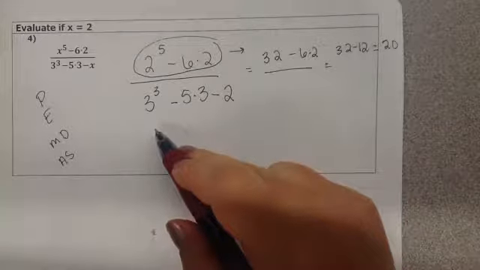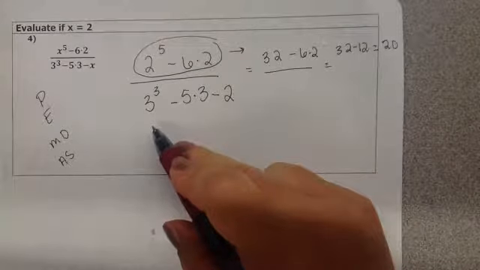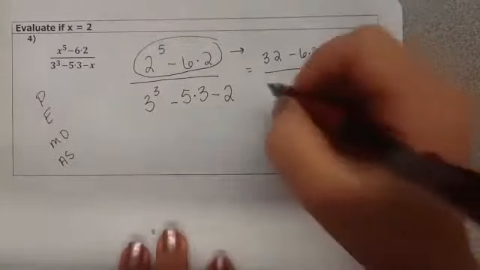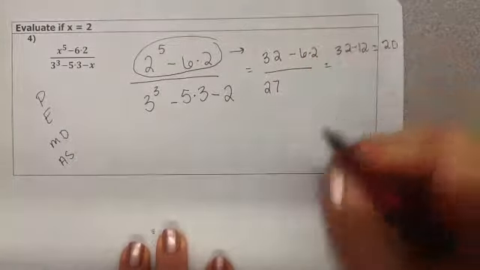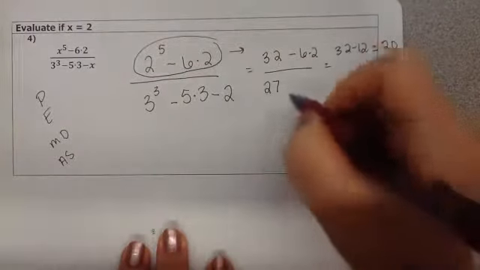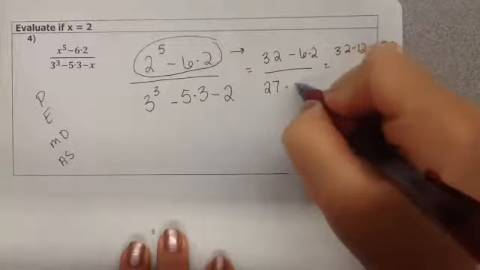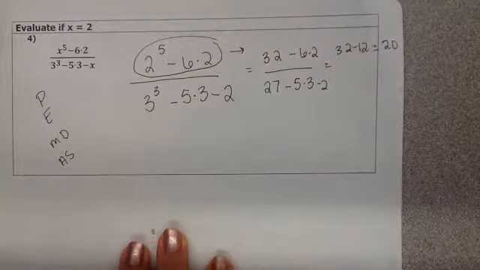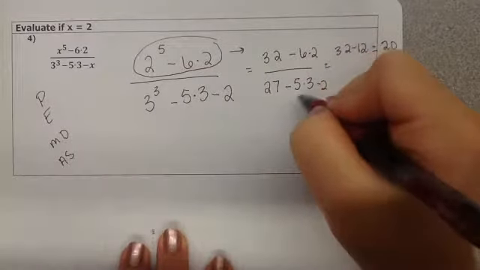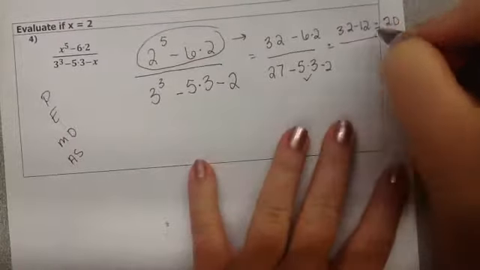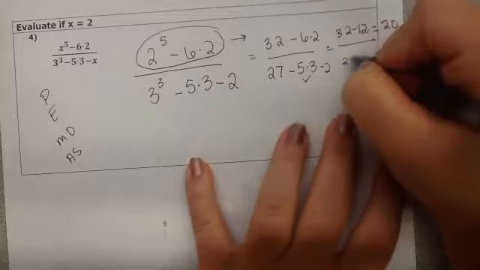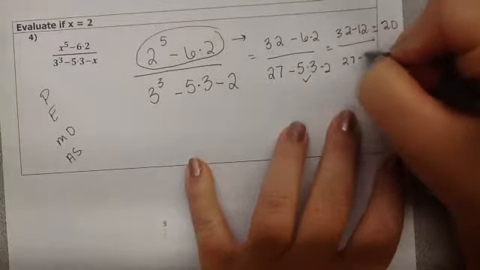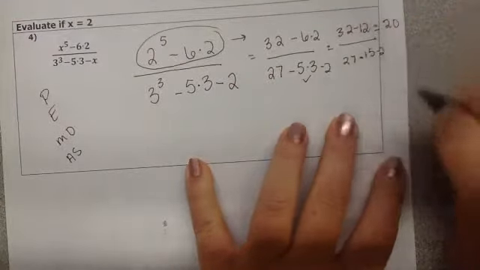Now let's look at the bottom. What is 3 cubed? 27. And I then need to do what piece next? Multiply. So this will become 27 minus 15 minus 2.